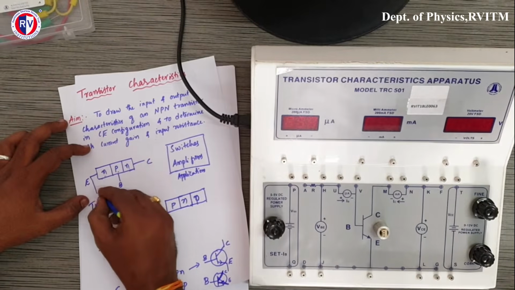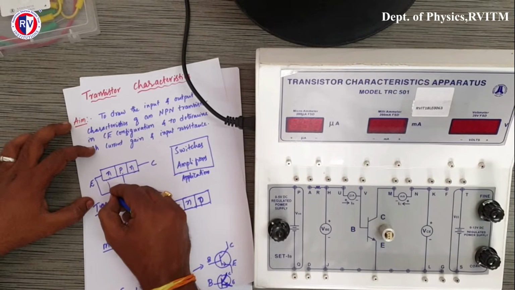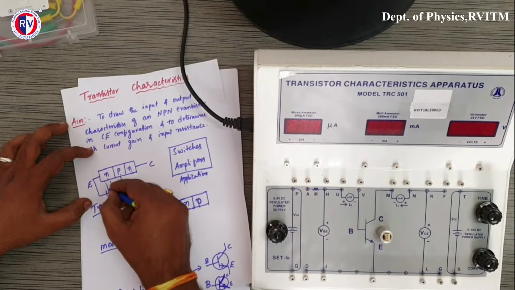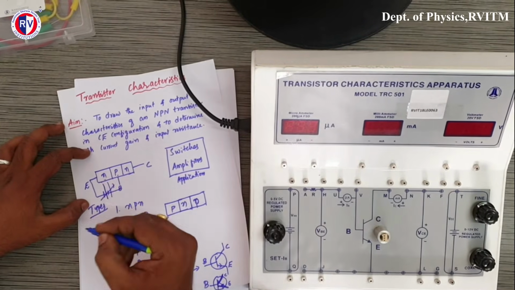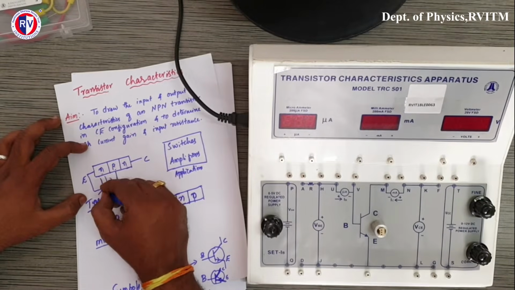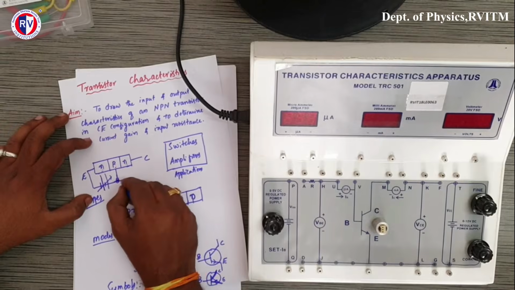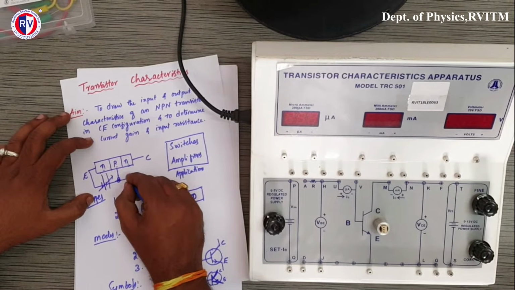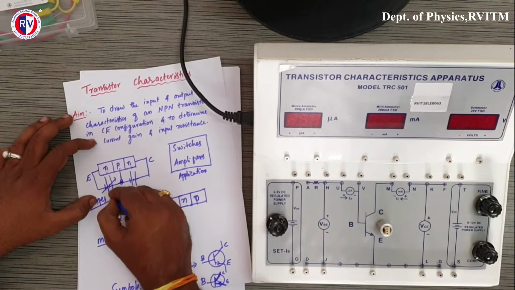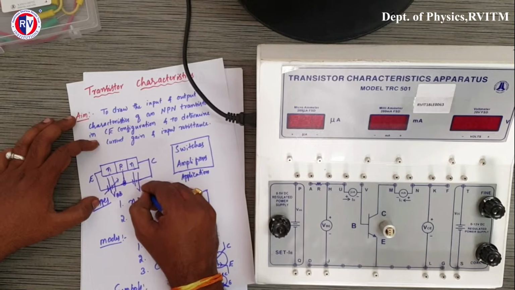If I connect a battery here, this is a variable battery. The positive of the battery is connected to the p type, and the negative is connected to the n type. Similarly here, this is VBB and this is VCC.